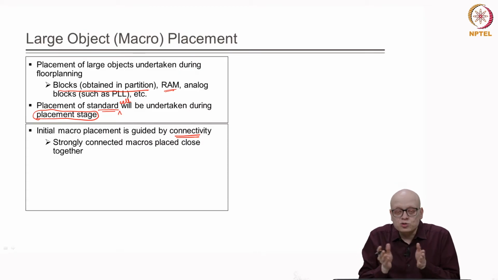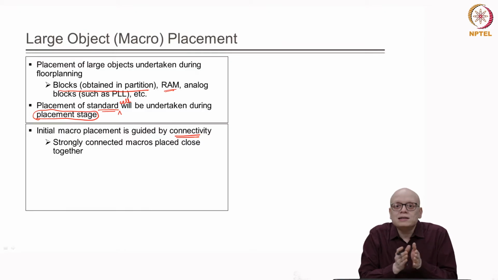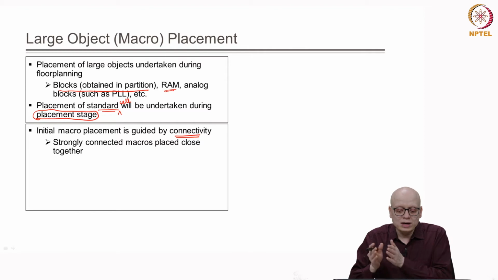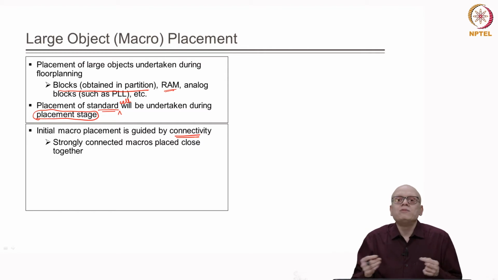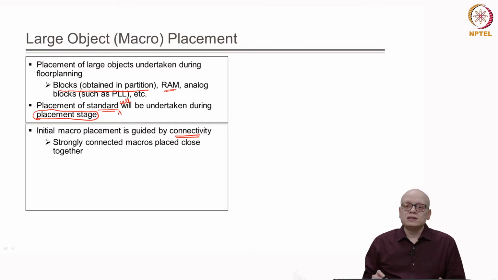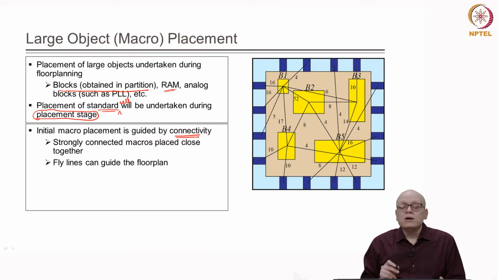If two macros are strongly connected, meaning many nets go from one macro to another, then probably we can place them together or in the vicinity. Typically, physical design tools have a feature of showing fly lines.